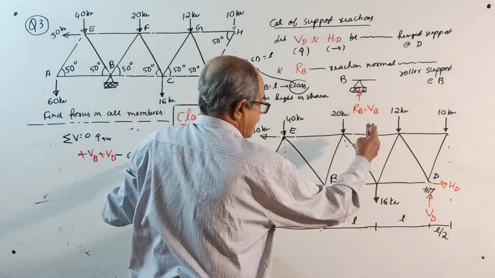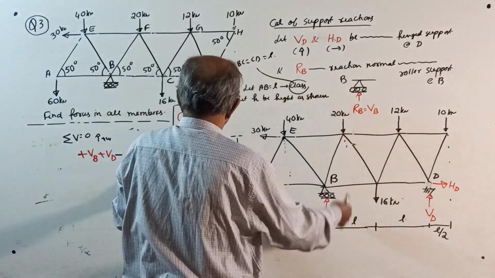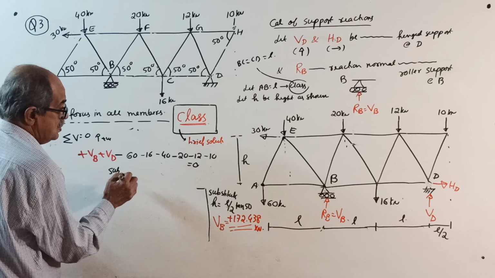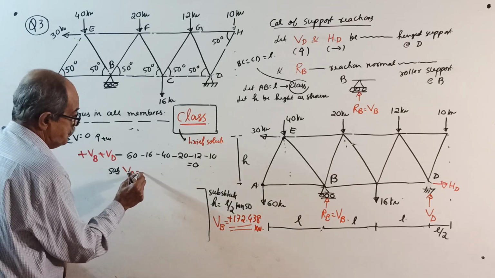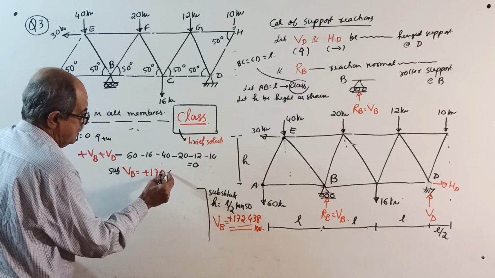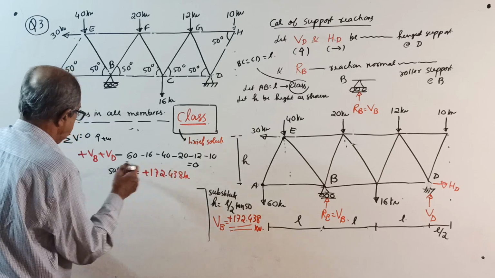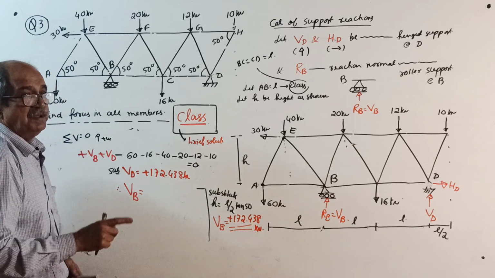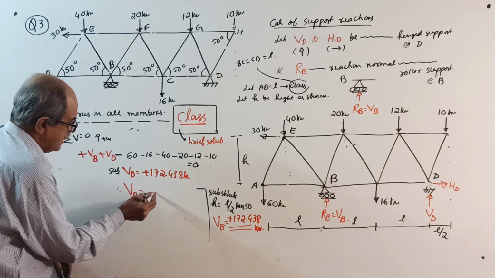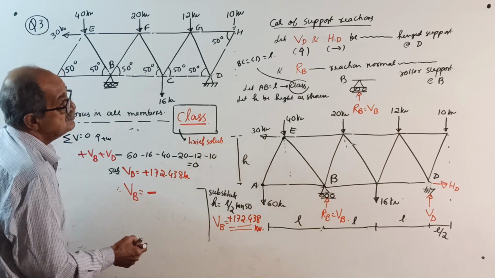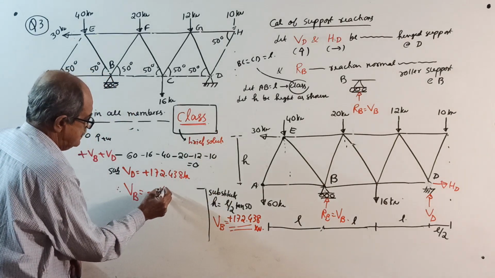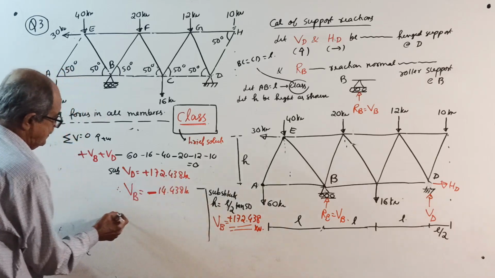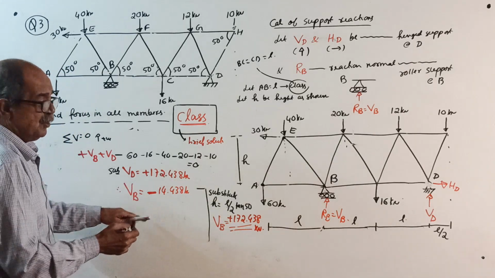Substitute, your VB equals plus 172.438 kilonewton. Therefore, VD is known, you get VD. Very important, be very careful, your VD will come negative, minus 14.438 kilonewton. Then lastly, see, sign is very, very important.